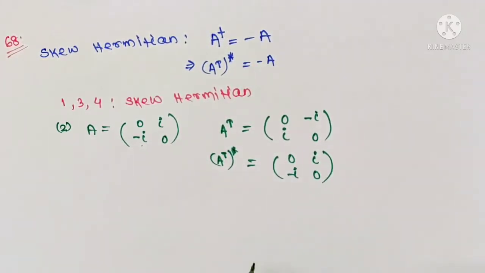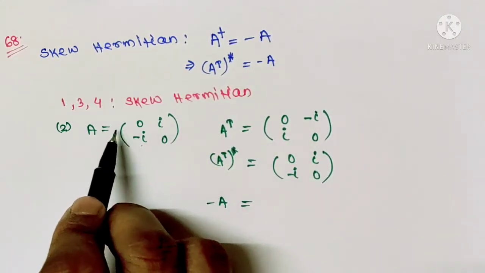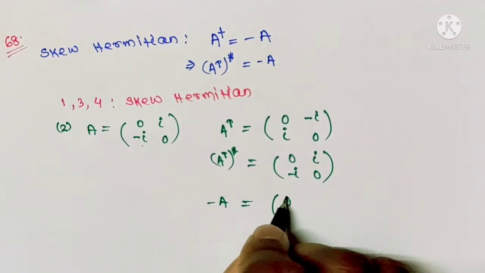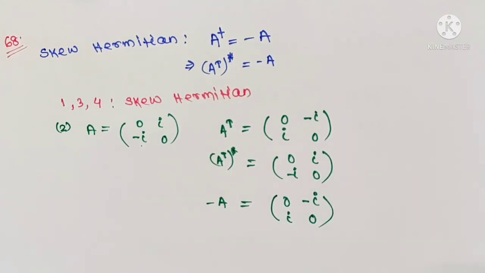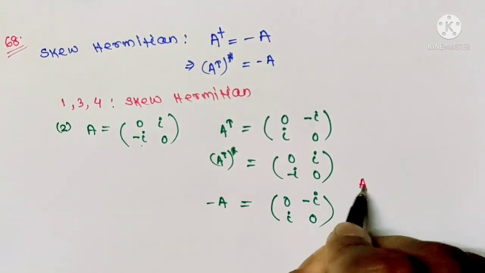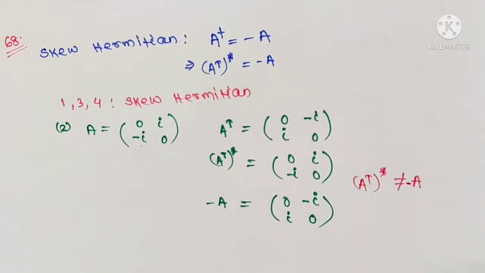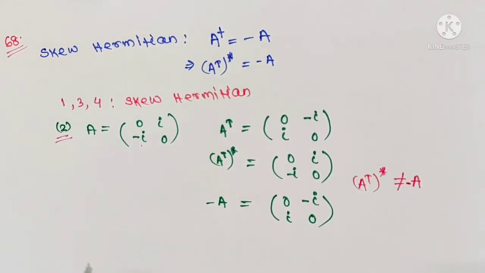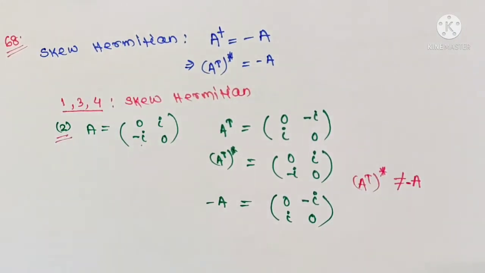Now let us calculate the negative of that matrix, that is minus A. So multiply the negative sign with each element. So that will be 0 minus i 0. Now you can check A transpose conjugate is not equal to minus A. So this given option is not a skew Hermitian matrix, but options 1, 3, 4 are skew Hermitian. So maybe there is a printing mistake in the question, but you should answer according to your concept.